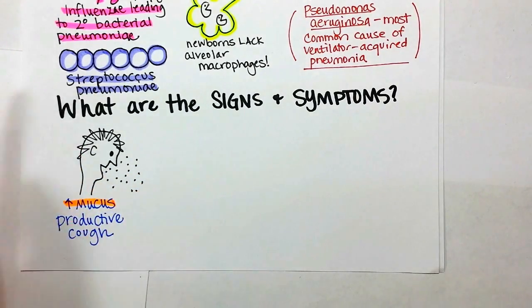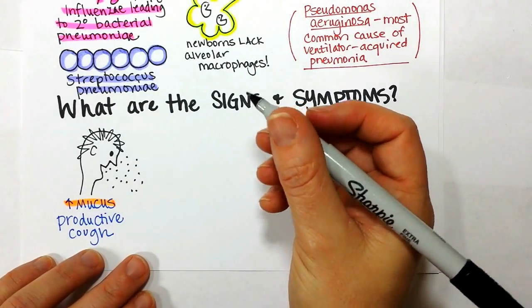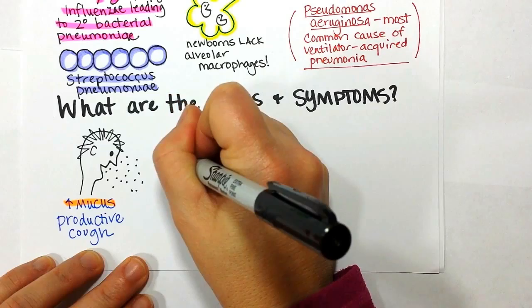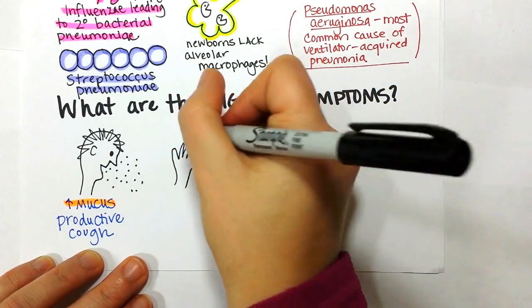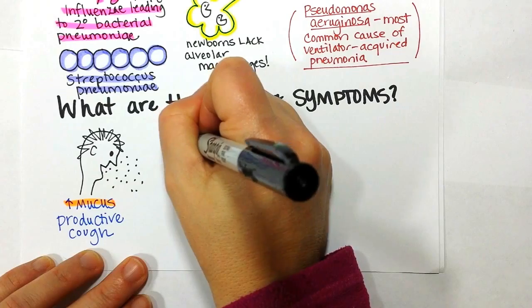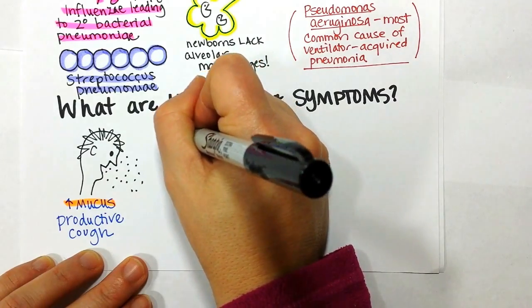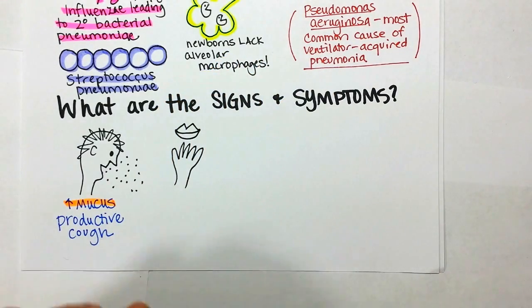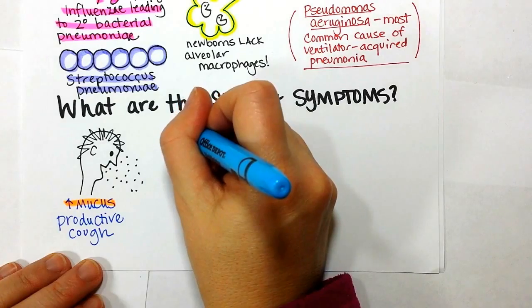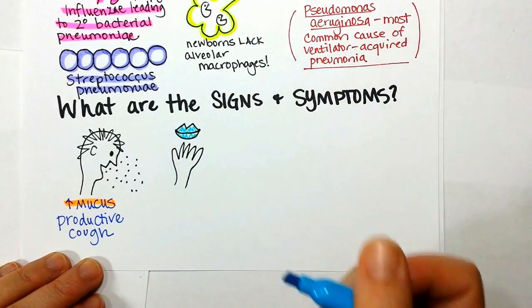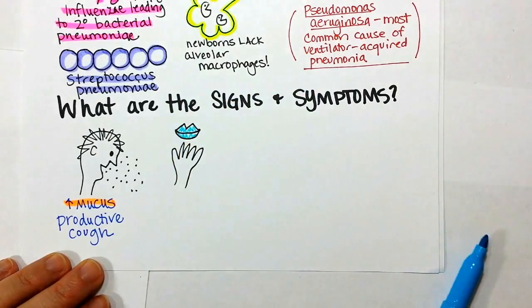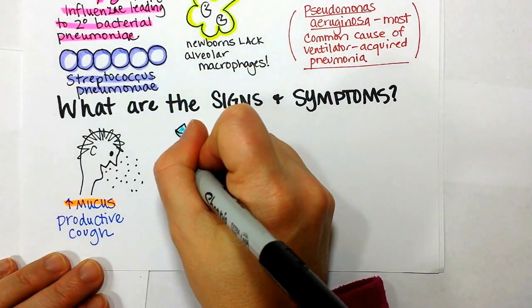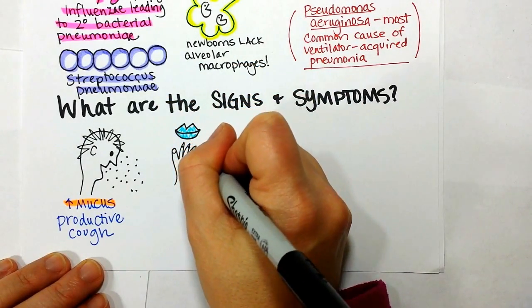Okay, the second symptom that you can learn about is cyanosis. If we look at their hands or their lips, there might be a blue tinge. That indicates there's not enough oxygen in the blood because gas exchange is impeded because of the fluid-filled alveoli.